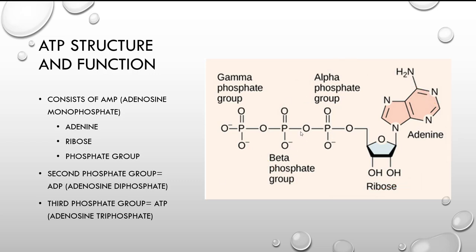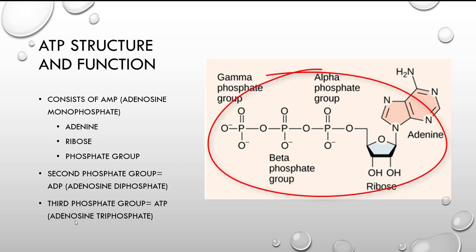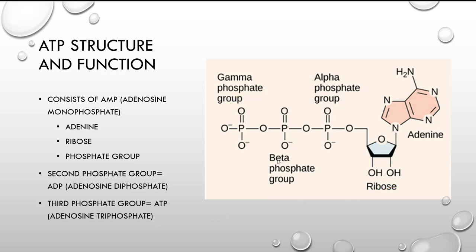Now we have two phosphates. If we have a third phosphate, then you get adenosine triphosphate. So when we're talking about ATP, we have three phosphate groups attached. When we're talking about ADP, we're talking about just two phosphate groups attached.